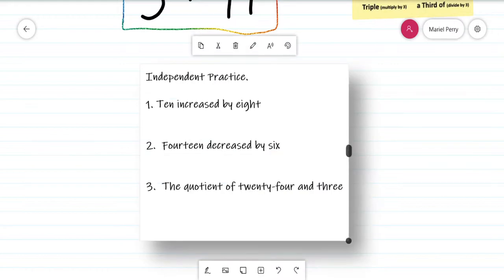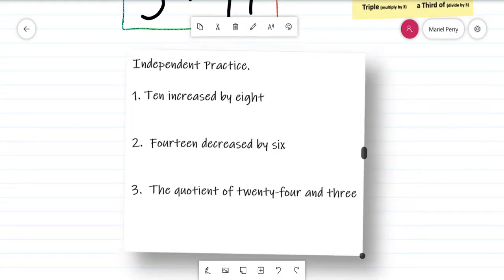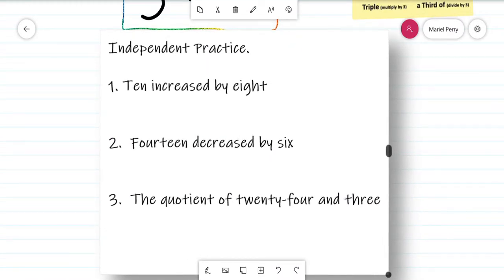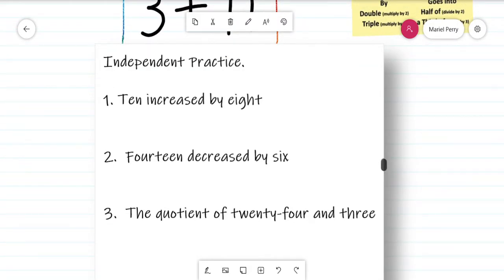I'm going to send this information to you. I will expand this page. And the beautiful thing about working on Microsoft Whiteboard is that I can send this to you as a PDF, or as a JPEG.